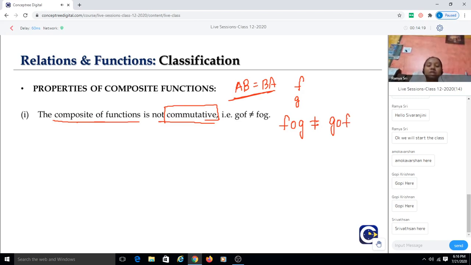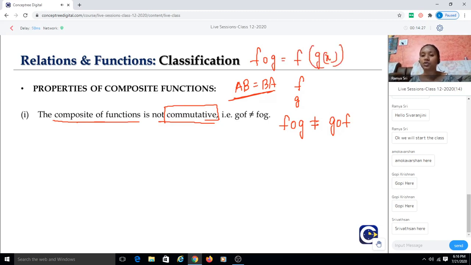So in the previous example we have seen FOG is nothing but f of g of x. That means substituting our g of x in the function f of x, and GOF is nothing but g of f of x, which is substituting the function f of x in the function g of x. So there is a difference, right?